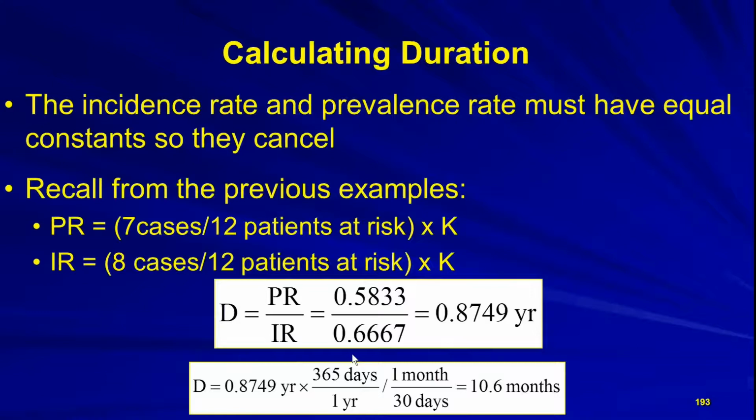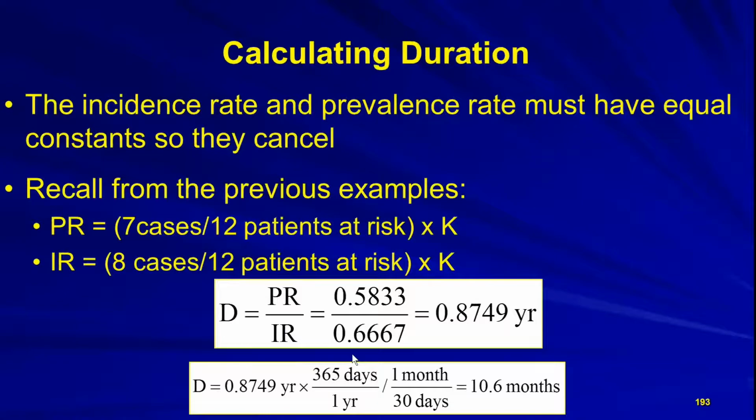We're dividing 8 by 12, and we're coming out with another fraction of 0.667. And now we have a peculiar figure that is 0.8749 years. And most people don't know what 0.8749 years means. I don't either until I convert it.